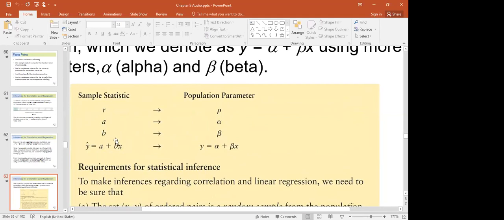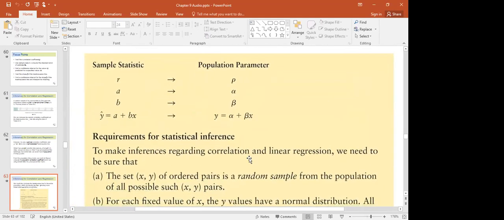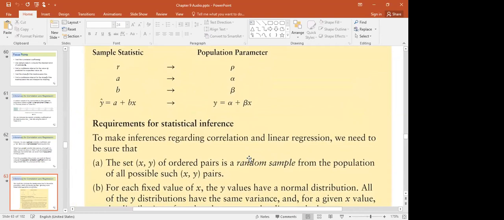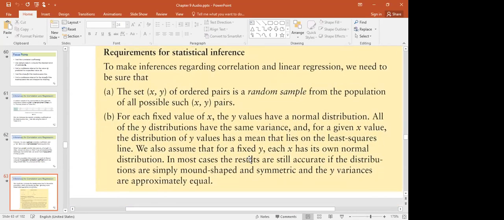Then we express the sample regression line as a plus bx. A is the intercept, and for the population it is alpha. B, the slope in the sample, for the population is beta. So we generally make inferences about beta and rho. Those are important inferences we could make.